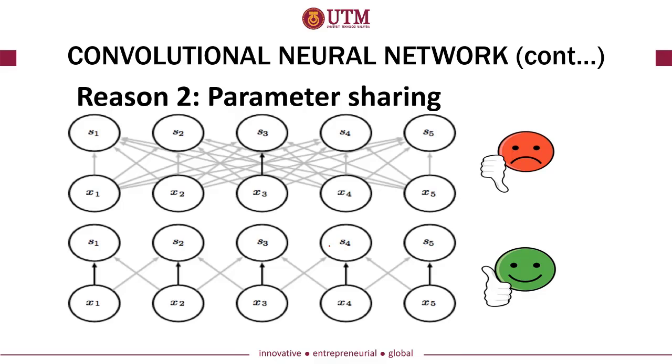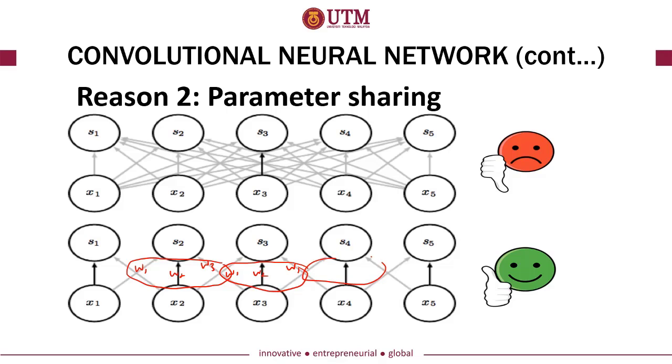Second reason is parameter sharing, which I already mentioned to you. As you can see, when you have this filter and you translate to this position, you are using the same W, meaning that here you have W1, W2, W3. Then when you translate in this direction, this one becomes W1, this one becomes W2, this one becomes W3.